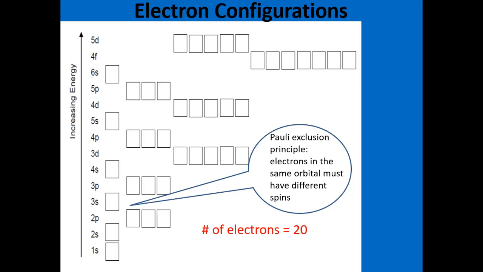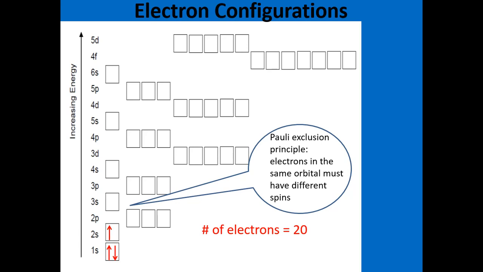So next would be calcium with 20 electrons because its atomic number is 20. The first electron is in the 1s, and the second electron is a down arrow in the 1s.